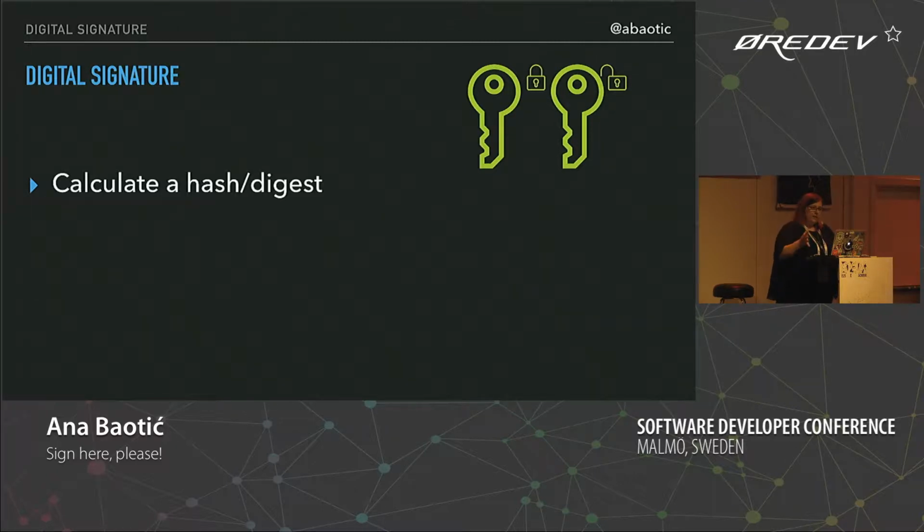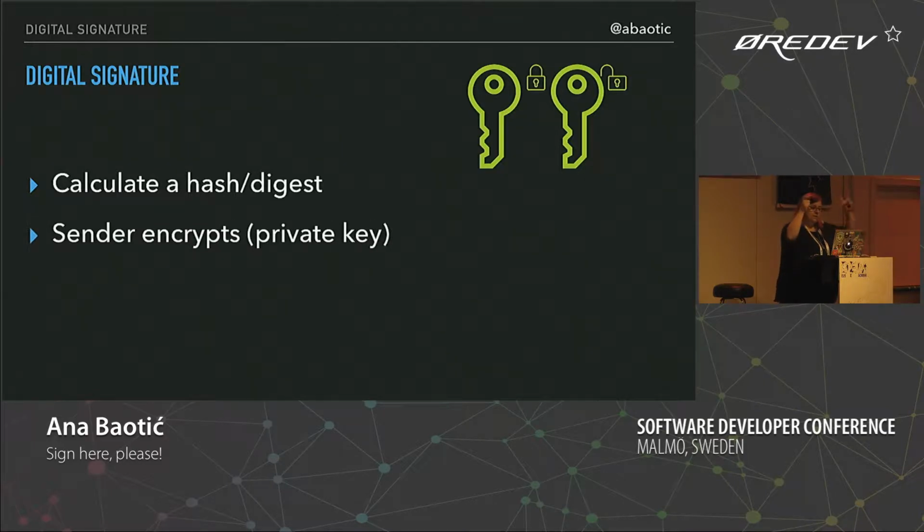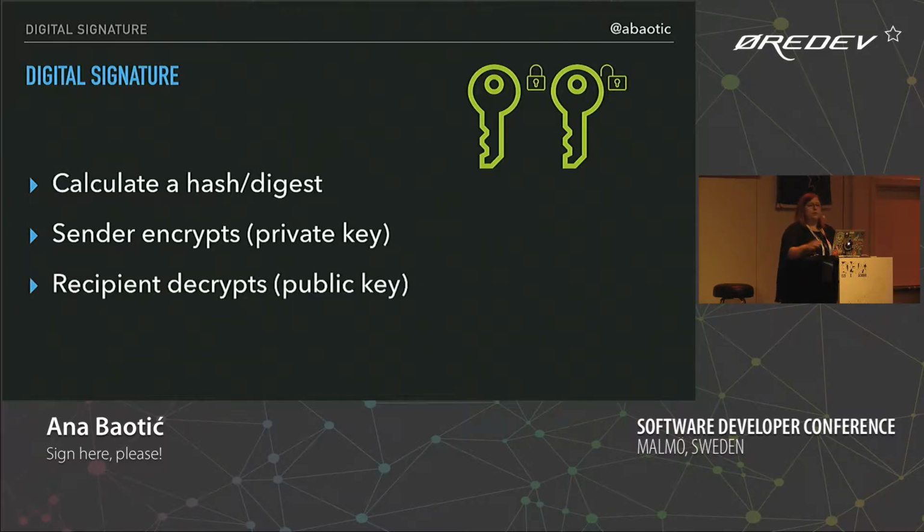But once you calculate that hash or digest, the sender, the one who sends the message, will use the private key to encrypt it. Meaning, I will make something with that hash and digest and I will send it onward encrypted. And all those who have the public key will be able to decrypt it and check whether or not that signature is correct.